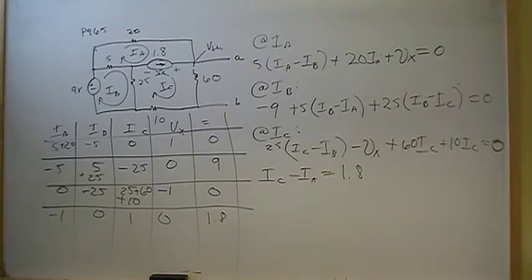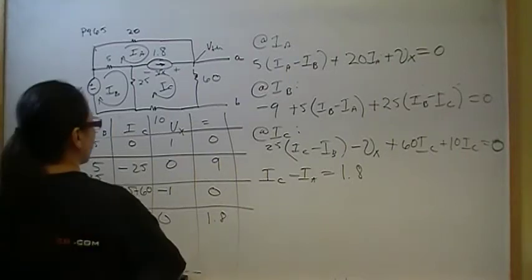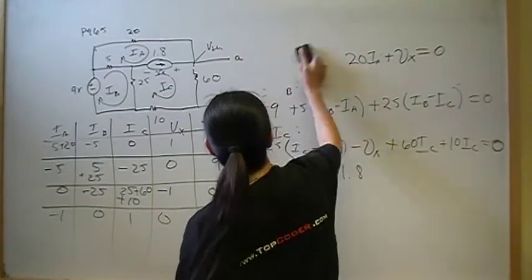Okay, I'm gonna double check it with what I got before. Okay, so that matches up with what I got the first time, and that ended up being the right answer.